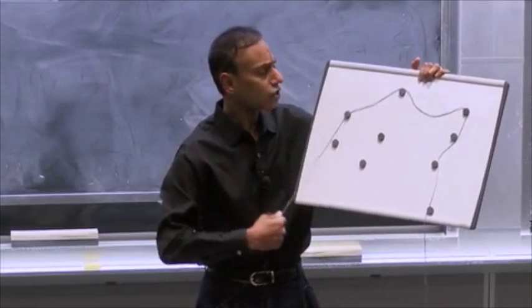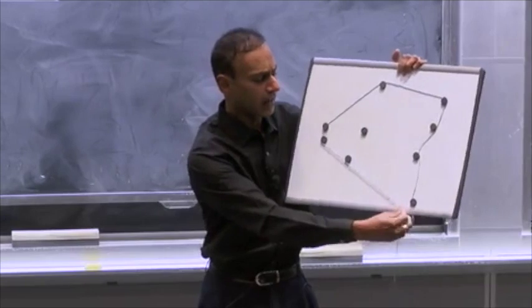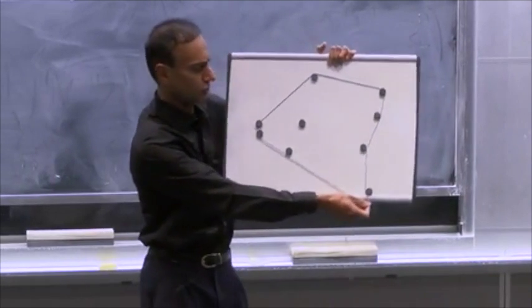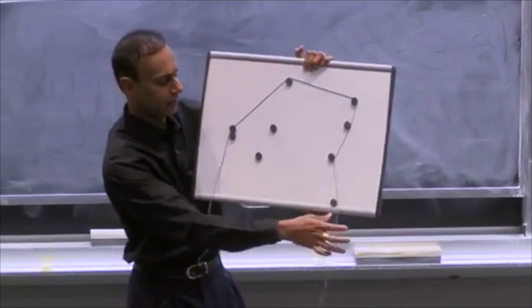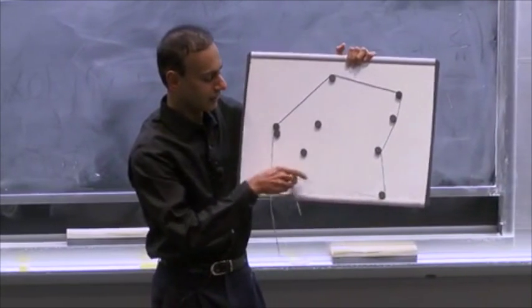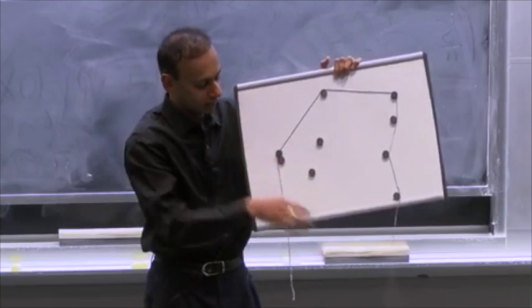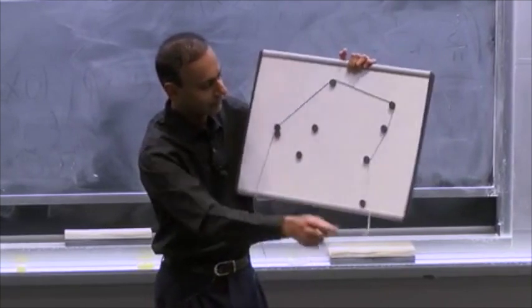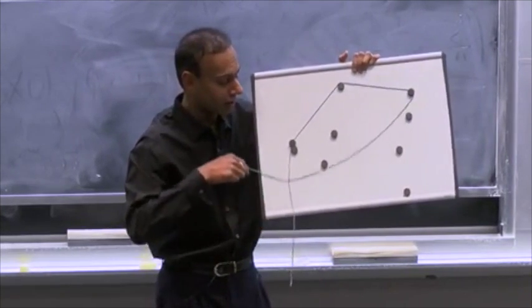Okay? So what I have here, if I make this string taut enough, this is not working out so well, but I think you get the picture. All right, so that's not a convex hull.